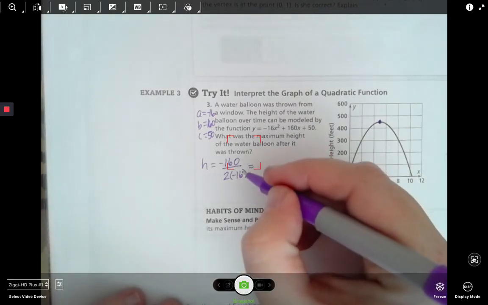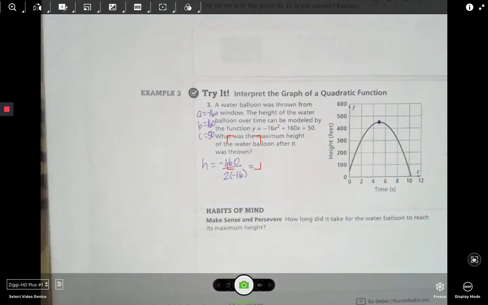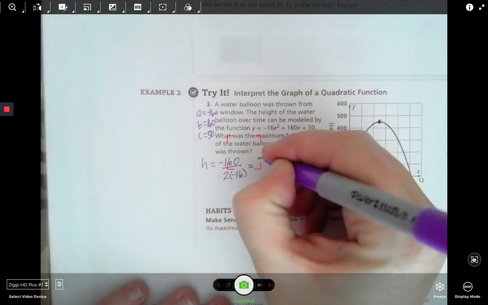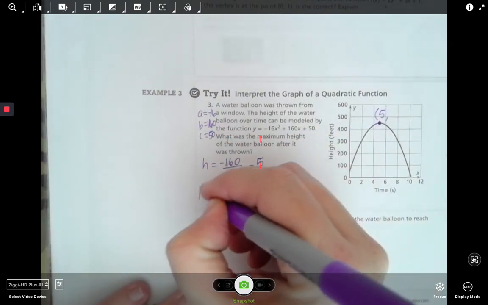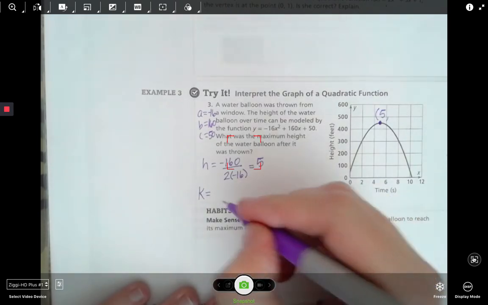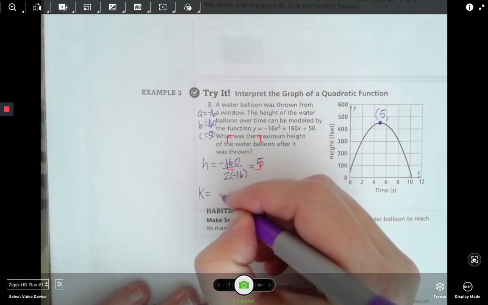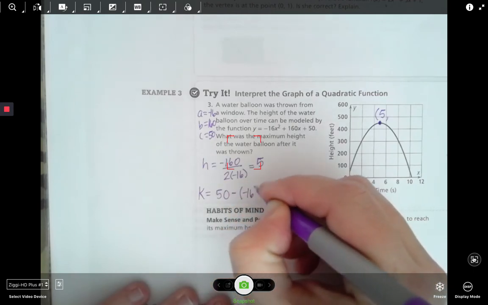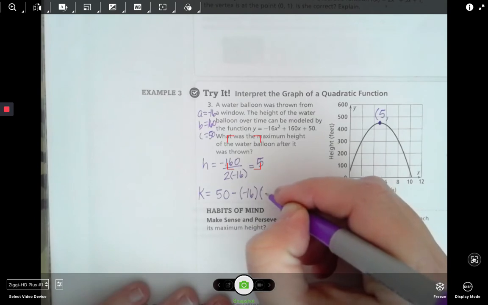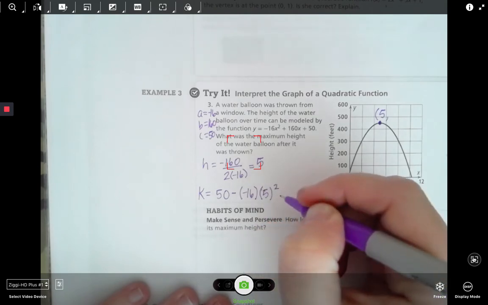Put that in your calculator. Five. Okay. So we know the x value of my vertex is 5. Now to find the y value of my vertex, I'll say c minus a, negative 16, times 5 squared.